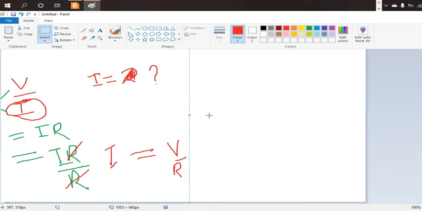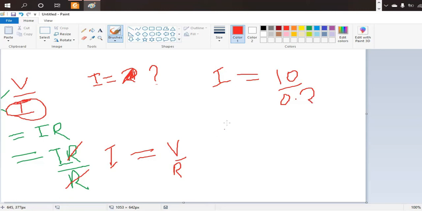Then we can say I equals our V, which has been given as 10 volts, over 0.2.